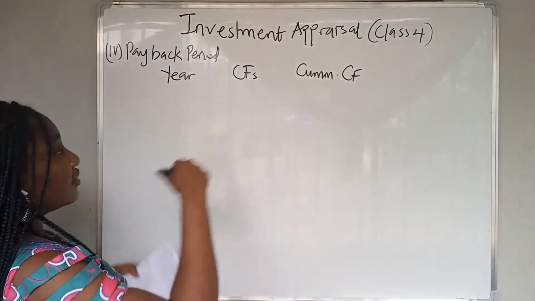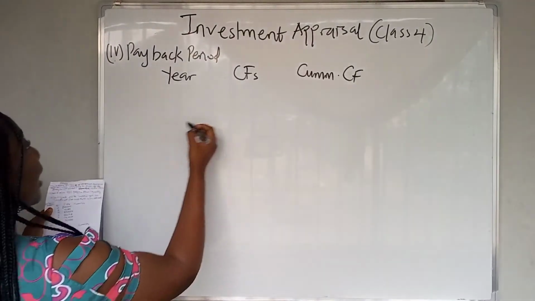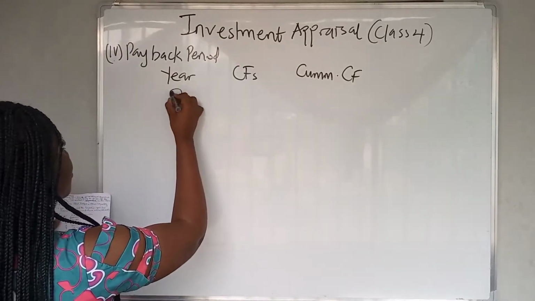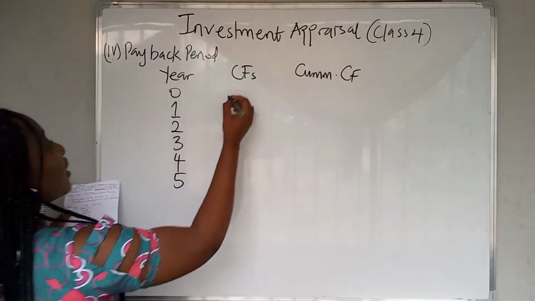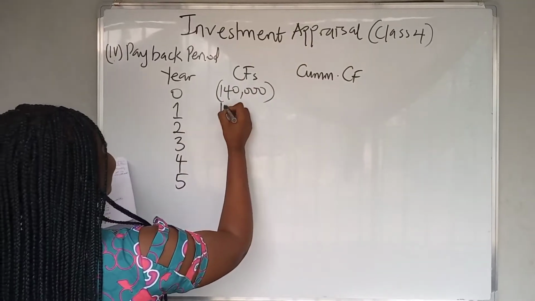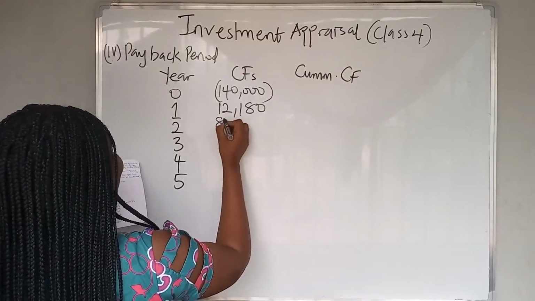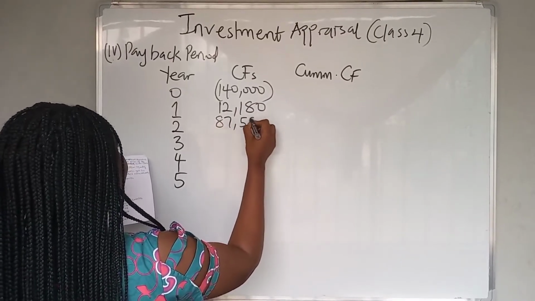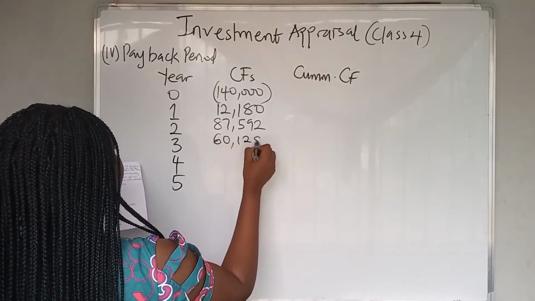Let's check, because I've rubbed off the board, but I believe that you still have it in your notes if you are following. Our cash flows in year 0, 1, 2, 3, 4, 5. We have our cash flows in year 0 to be 140,000. In year 1, 12,180. In year 2, 87,592. Year 3, 60,128.